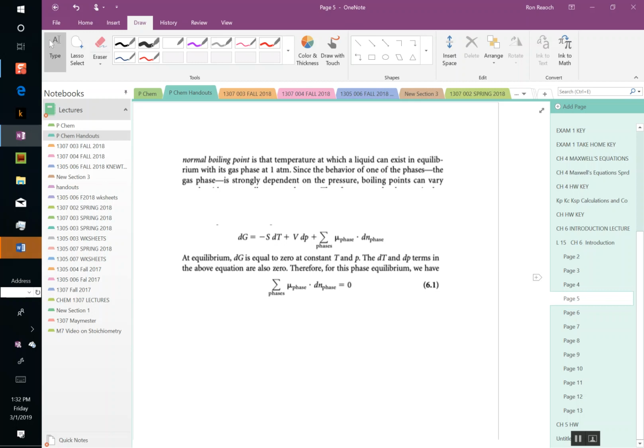So at 1 atmosphere, the normal boiling point is 100 degrees centigrade. But if you go up about 3,300 feet, you drop the boiling point about 3 degrees. It comes down to about 97 degrees. I think that's one of the examples that's in here.